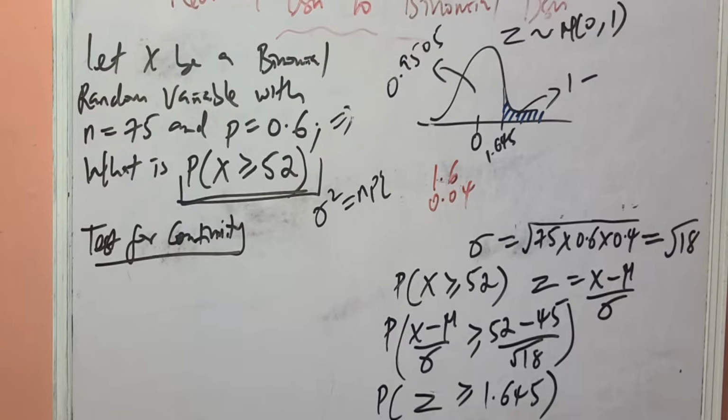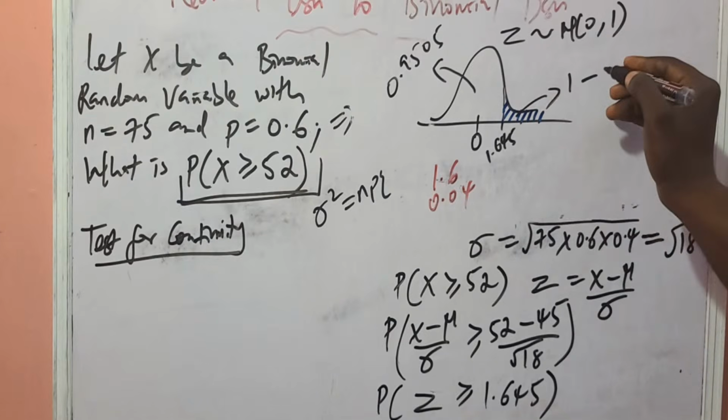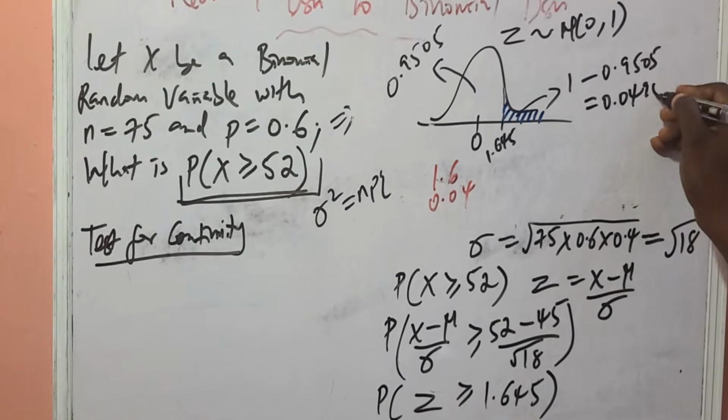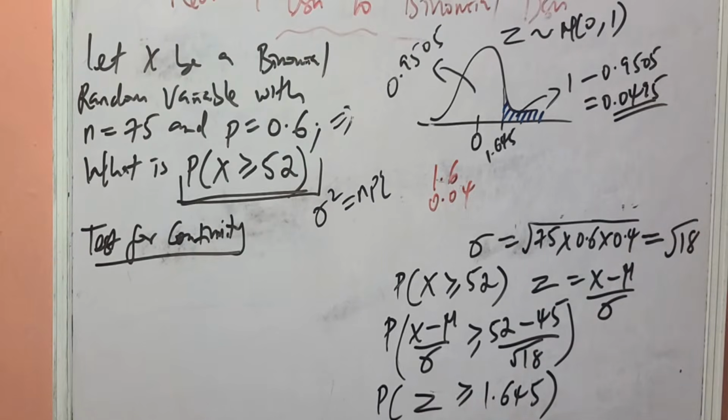So obviously, for you to get this other space, you want to do 1 minus 0.9505, which will give you 0.0495. Now, the meaning of this is that the value for my probability of z greater than or equals to 1.645 is equals to 0.0495. All right.